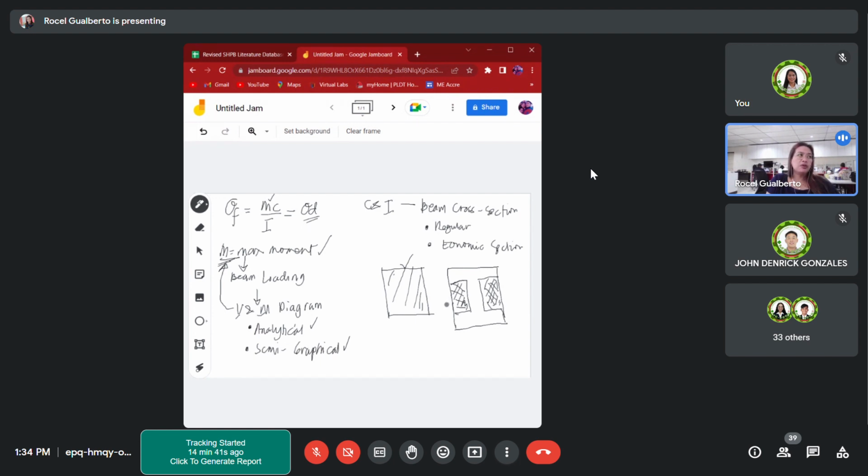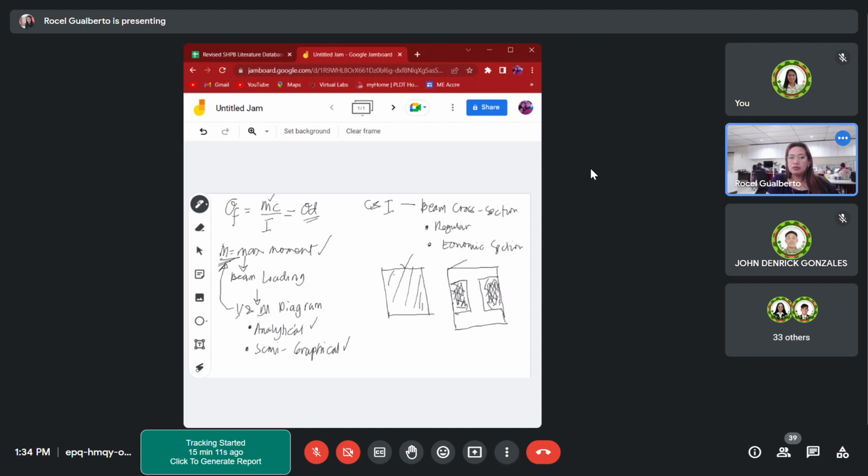Halimbawa po, this is made up of concrete. Yung part po na ilalagay natin dapat dito na concrete, natipid po natin, maaalis. Yung cost na gagastusin mo para sa area na yun, mawawala na po. Matitipid natin. And at the same time, sa face pa lang po yung nakikita natin.